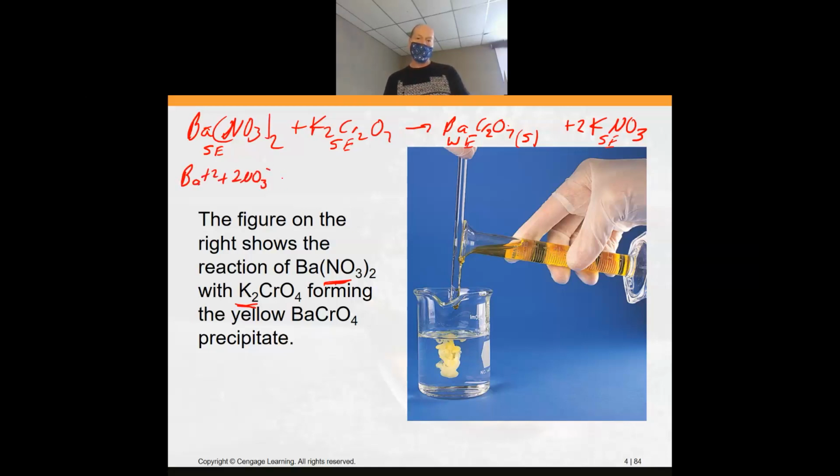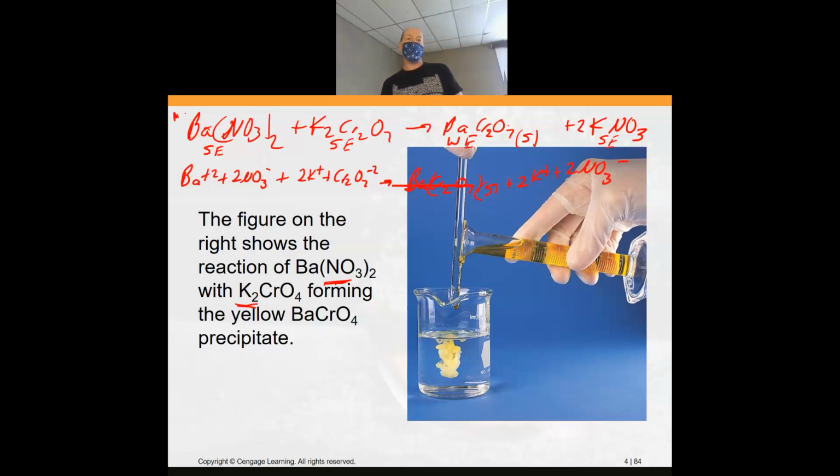You will break up all strong electrolytes: 2 K plus and CrO4 minus 2. All weak electrolytes are going to stay together. So you have BaCrO4, that is a solid. And then you have 2 K pluses and 2 NO3 minuses.